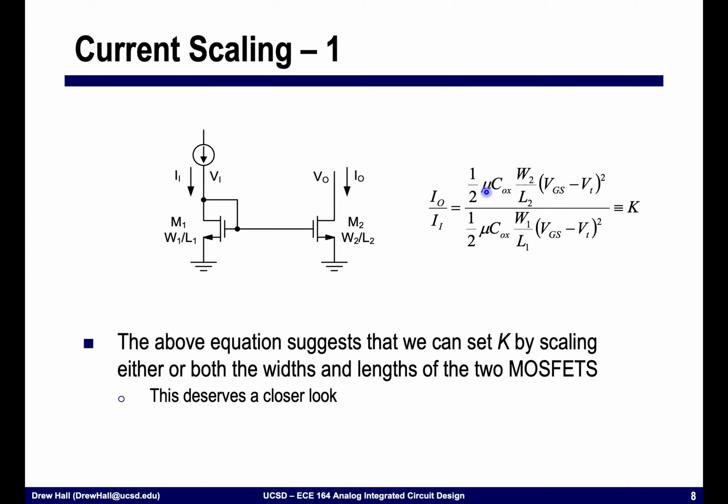We still get mu n Cox canceling for both of these because they're equal, and this 1/2. And so really we're left with this ratio, where using the size of the devices, which I'll call K, we can scale the current by changing the widths and possibly the lengths of these two devices. And so what I want to do now is look at the scaling geometry in particular and how we might be able to scale this.